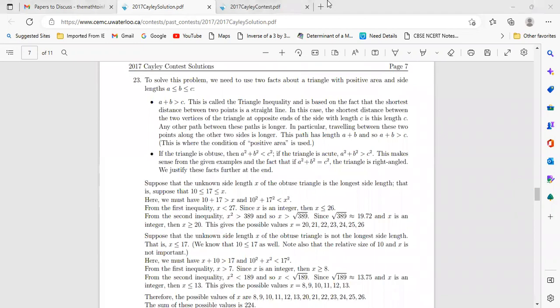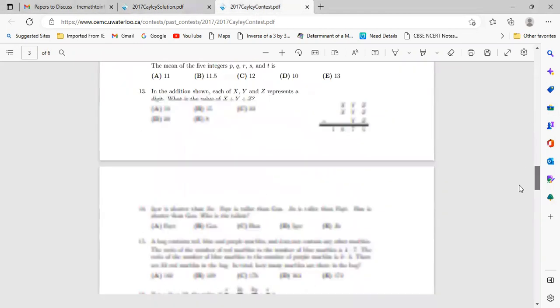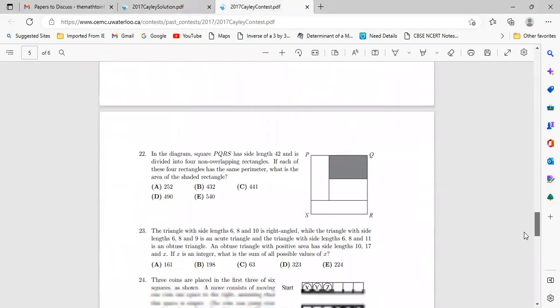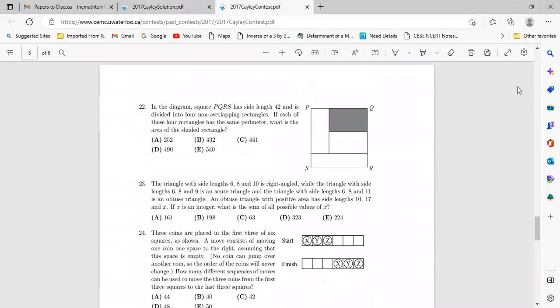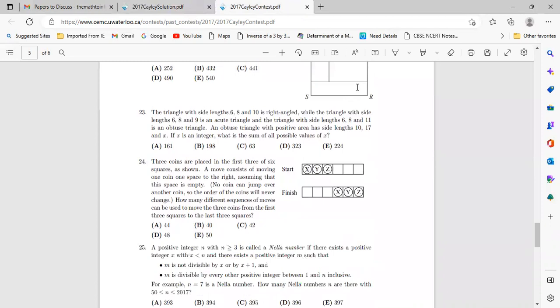Okay, we haven't discussed this before. I hope you're able to see the screen. So, it is from the 2017 Cayley contest, question number 23.